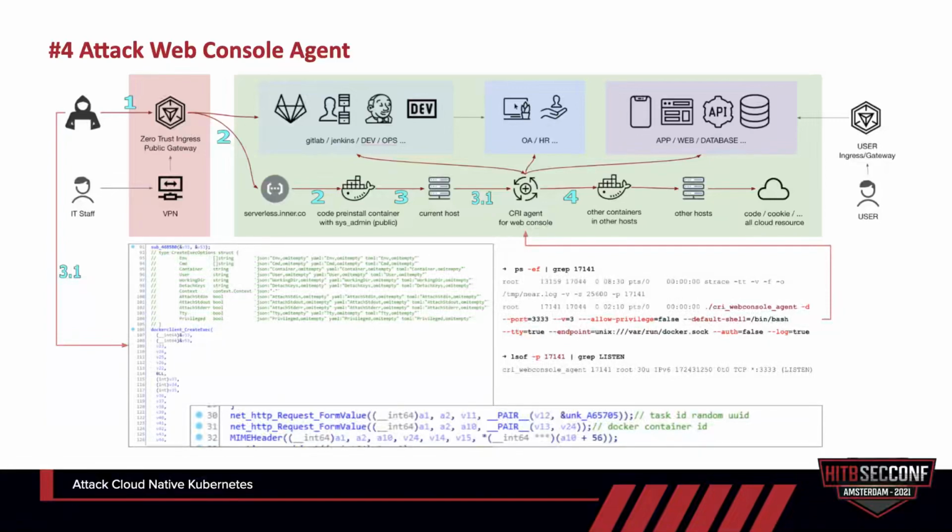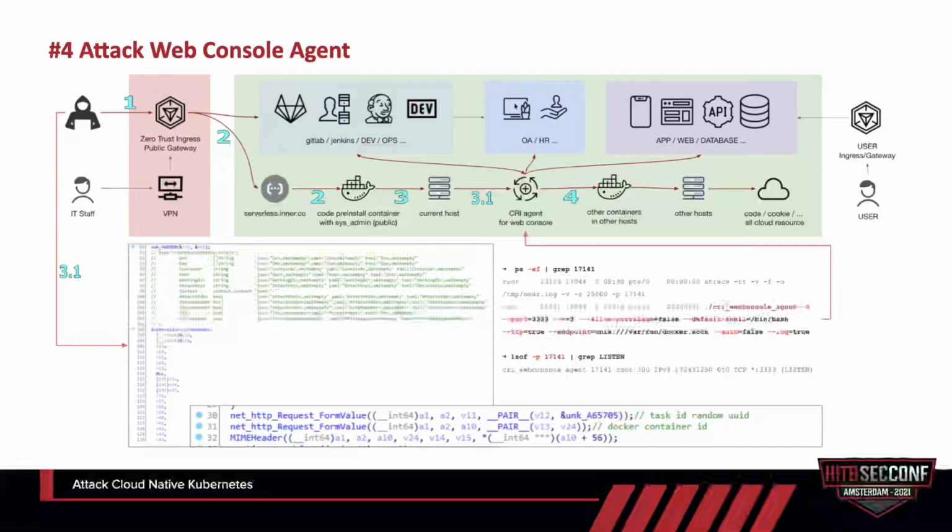We found lots of self-developed agents on this host, and a very interesting agent named CLI Web Controller Agent, and got its binary, command lines, and config files. The program is written in Golang, and we know that this agent supports web controller features.